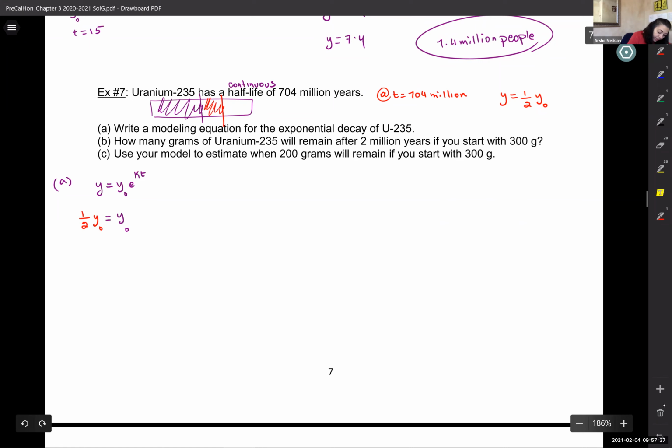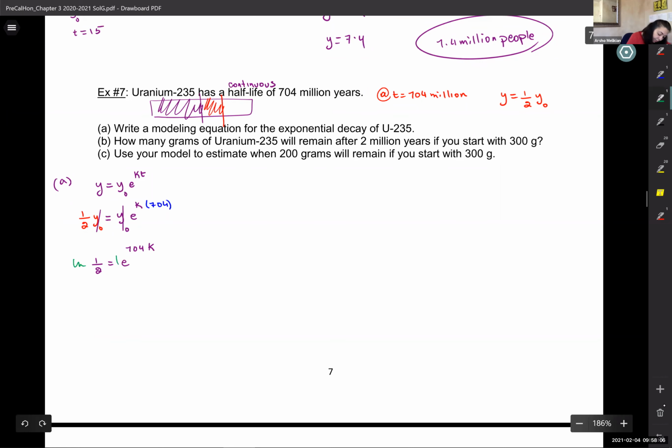equal to y naught e to the k times 704 million, but we eliminate the million. So now y naught goes away. So I have one half equal to e to the 704k.